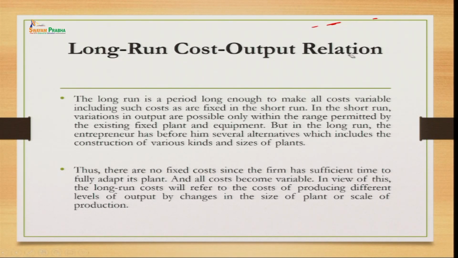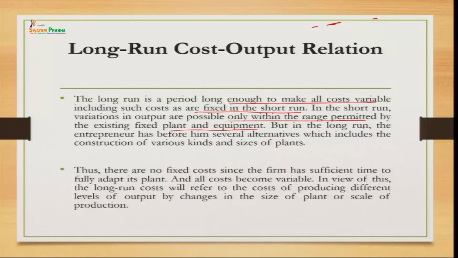Okay. So, this is what we are going to start with. Long run period, like I said, is enough for all the costs, including the fixed costs of the short run, to be varied; we can increase them. In the short run, variation in output is only possible within the range permitted by the existing fixed plant and equipment. If you want to increase output in the short run, you can increase up to a certain limit, beyond which you are not able to increase your capacity.